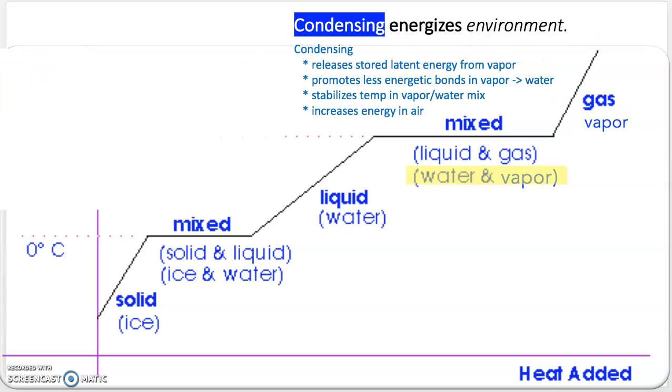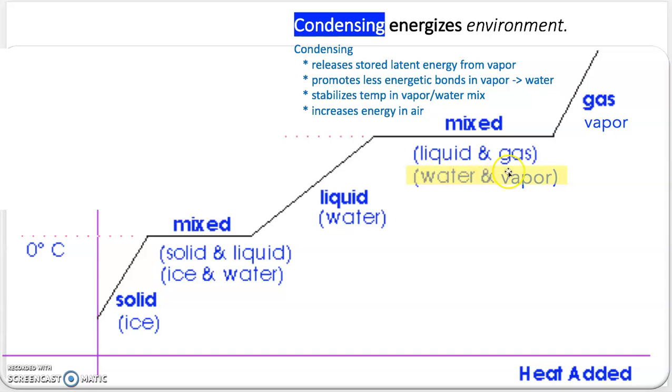And when we get to the point where we can condense the water vapor, we've reduced the temperature down to the point where the gas can condense. It will stay at one temperature as it's a combination of water and vapor. As it's in the process of condensing, it releases the stored latent energy from the vapor into the atmosphere or into the air.